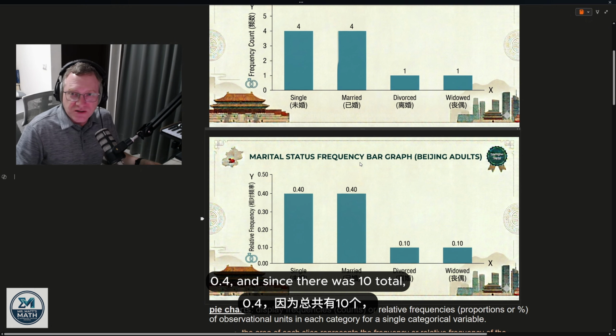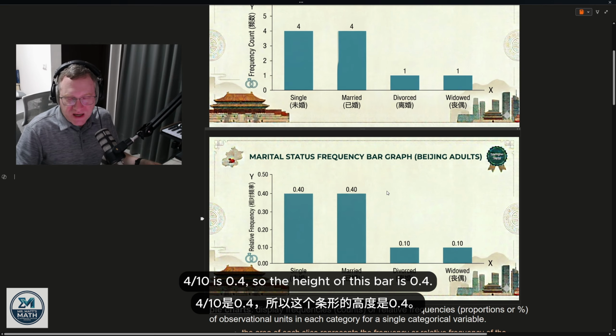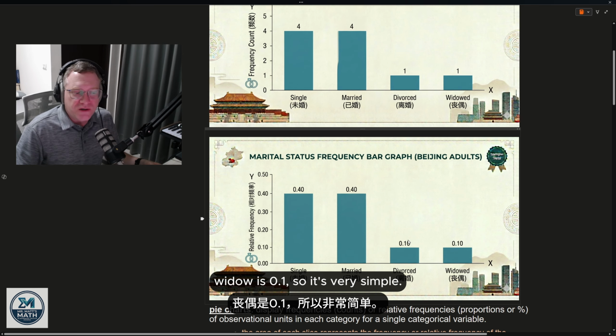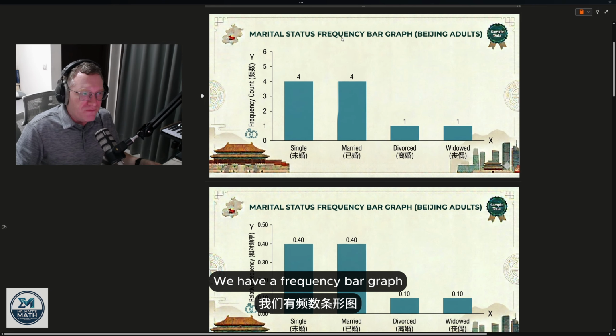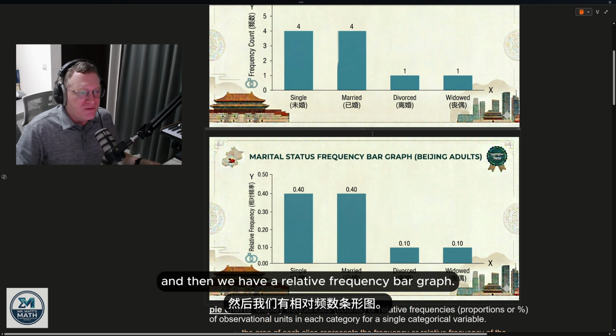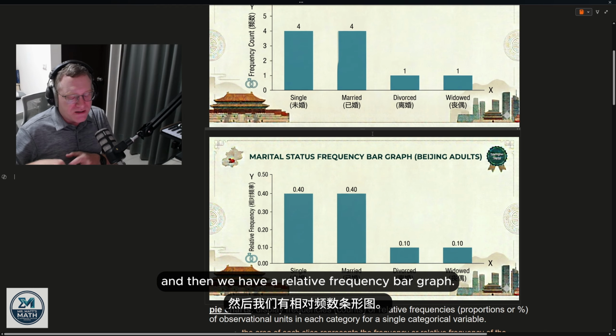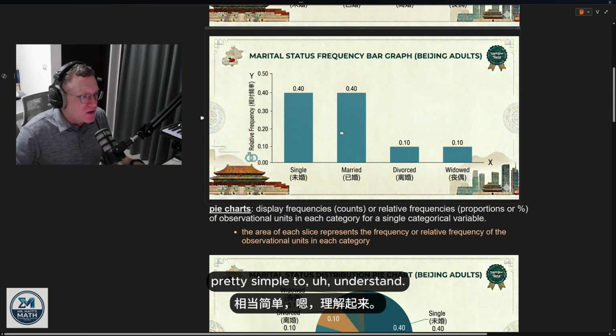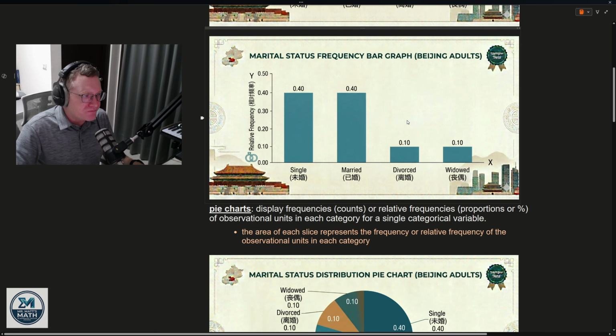And since there was 10 total, 4 divided by 10 is 0.4. So the height of this bar is 0.4, and the height of the married bar is also 0.4. And then divorced is 0.1, widowed is 0.1. So it's very simple. We have a frequency bar graph, and then we have a relative frequency bar graph. Not much of a difference. Pretty simple to understand, I think.